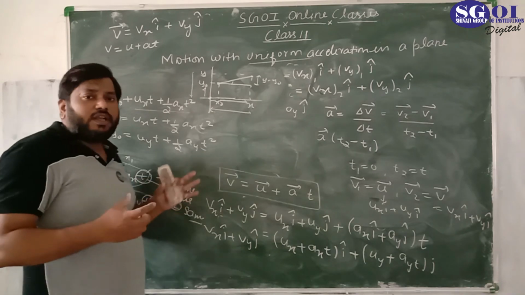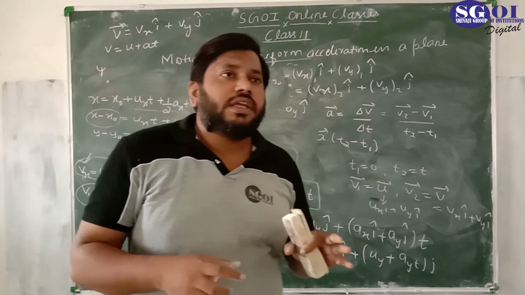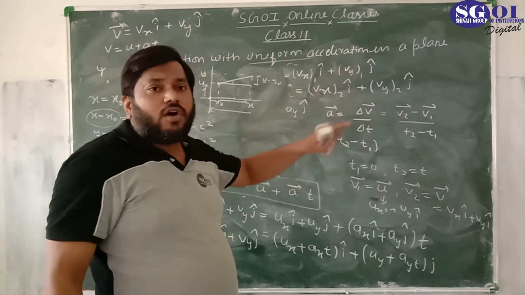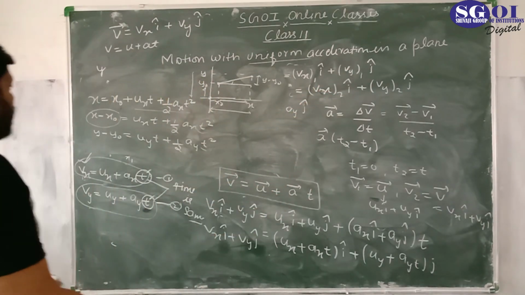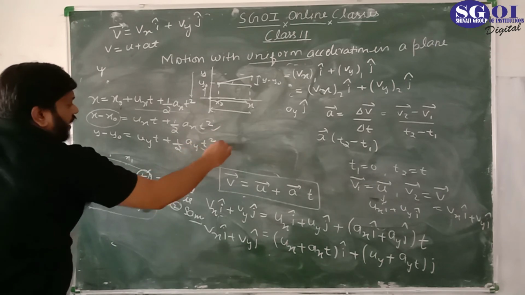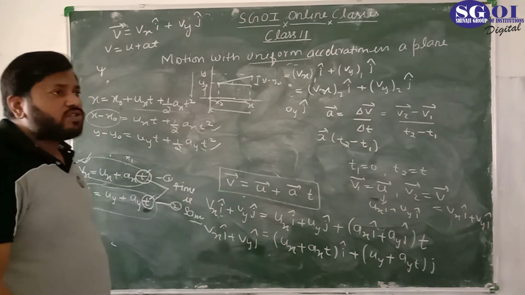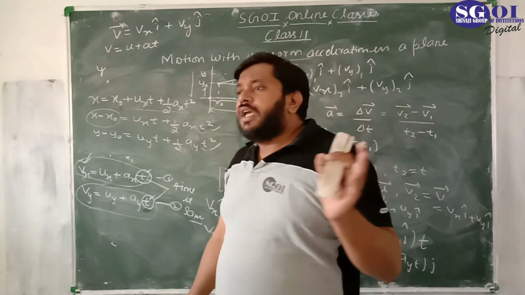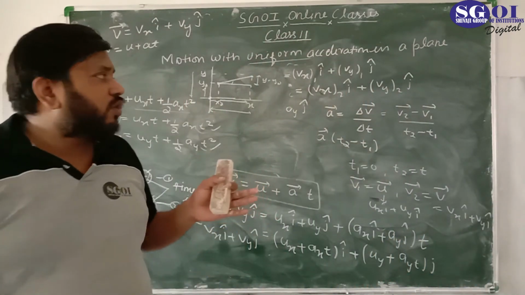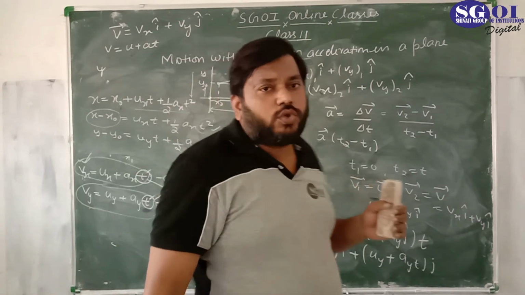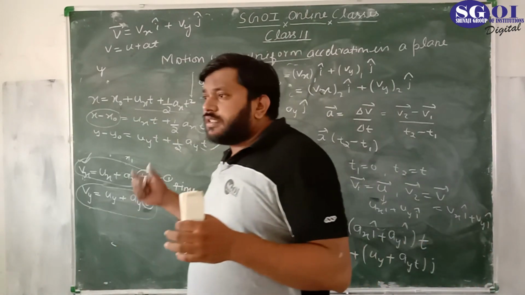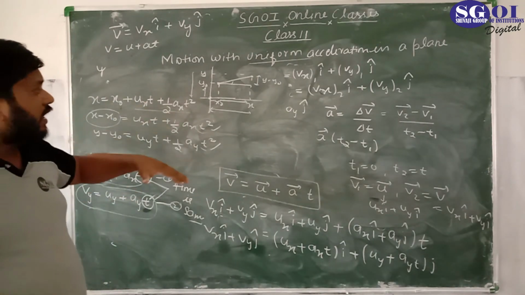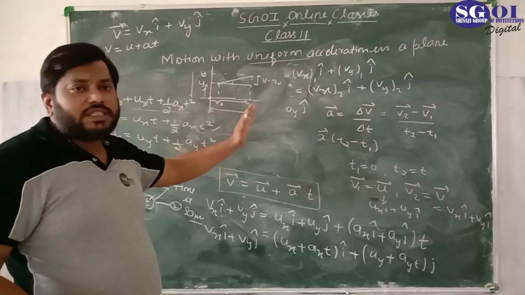So I think you have understood this basic concept in two dimensions, when the motion is in a plane. We can use the equations of uniformly accelerated motion, either v equals u plus at, or s equals ut plus half at squared, or v squared equals u squared plus 2as, in the same way but on each individual axis, x or y.